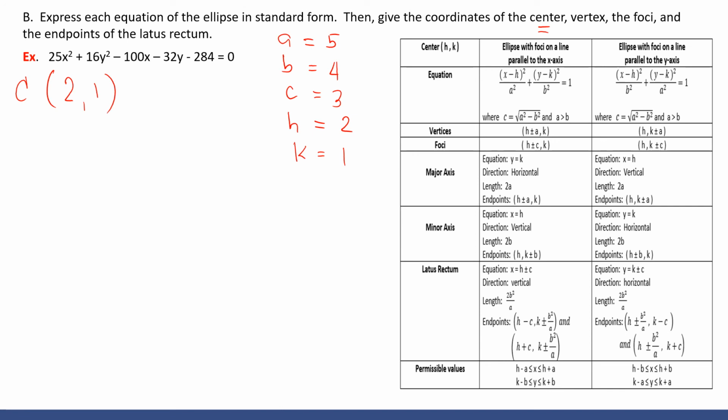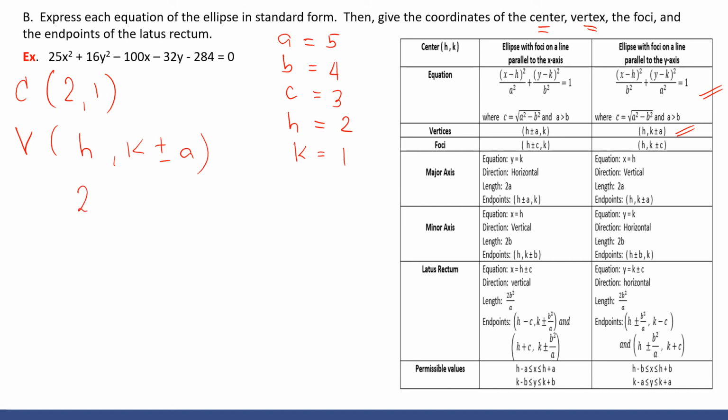And then, what about our vertex or vertices? Because the pattern we followed is the second one, right? Then we said, to get the coordinates of the vertices, we follow this H and then K plus minus A. So let's write, vertices is what? H and then K plus minus A. Let's go one by one.